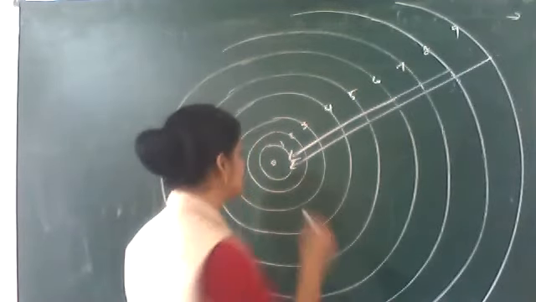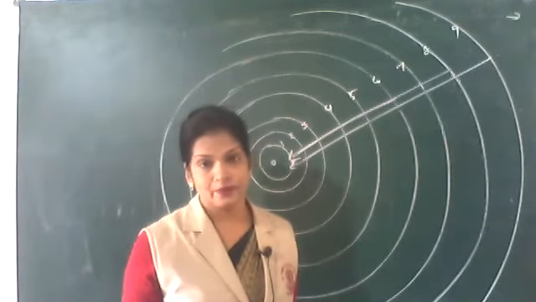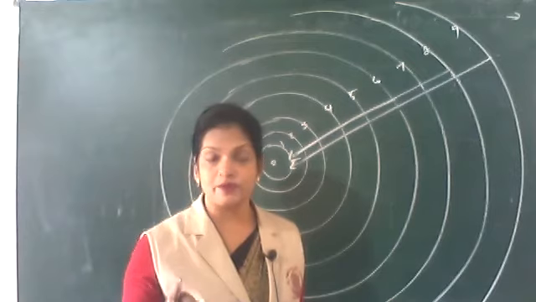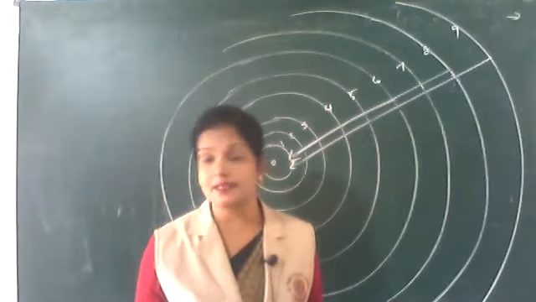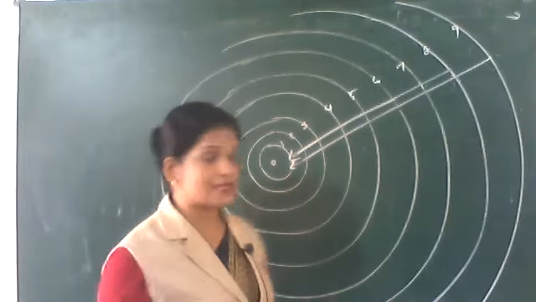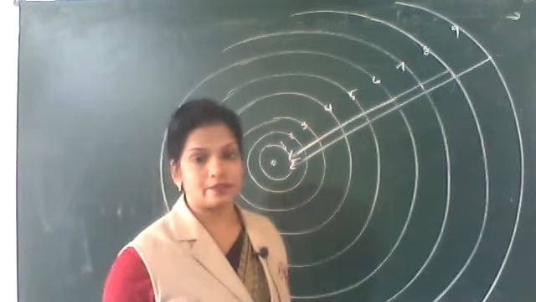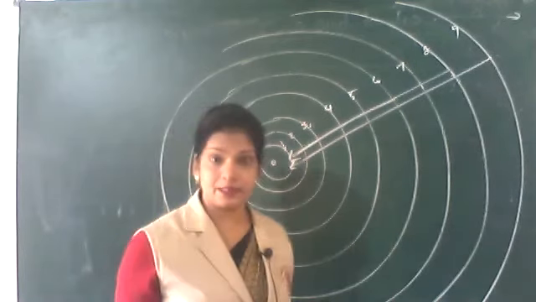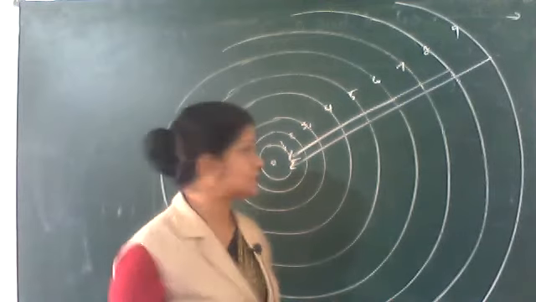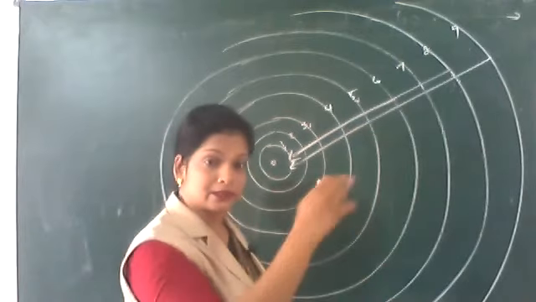If the electron is in the first orbit, we say ground state of hydrogen. And other states are called excited states. If the electron is present here, it has some amount of energy associated with it. If the electron is on the third, there is higher energy; on the fifth, again higher energy; sixth, again higher.